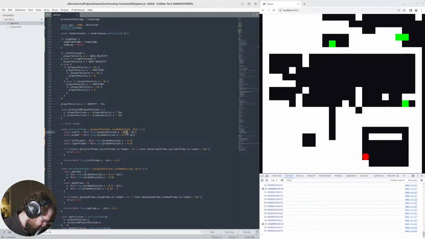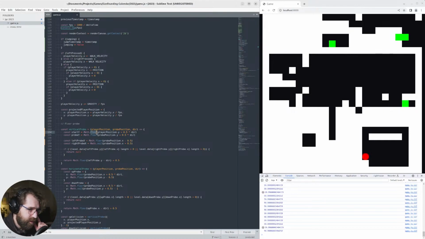Hold on. Projecting forwards. Yes, because the probe's going to be at the bottom of the character. So it's wherever the bottom of the character is. Yes, okay. So the player position either plus 0.5, or if we're going upwards, minus 0.5.